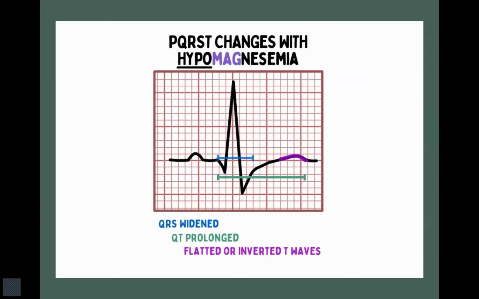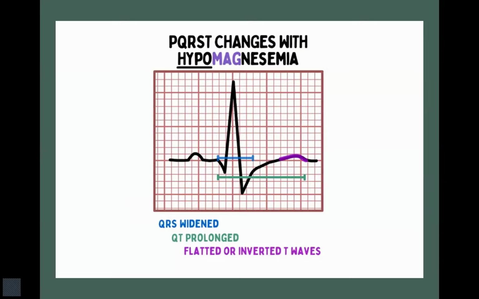All right. QRS changes with low magnesium, so hypomag. You can potentially get QRS widening, QT prolongation, and flattened or inverted T waves. Can you guys think of anything else that would give you a low magnesium? It's actually super common to get a low magnesium.